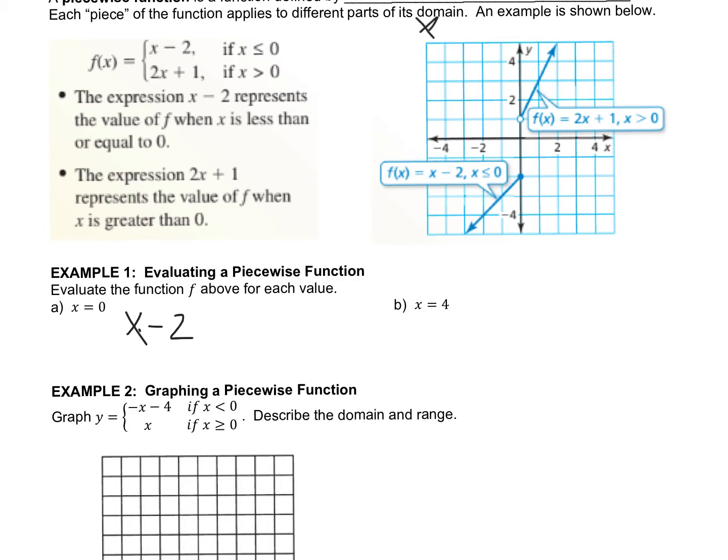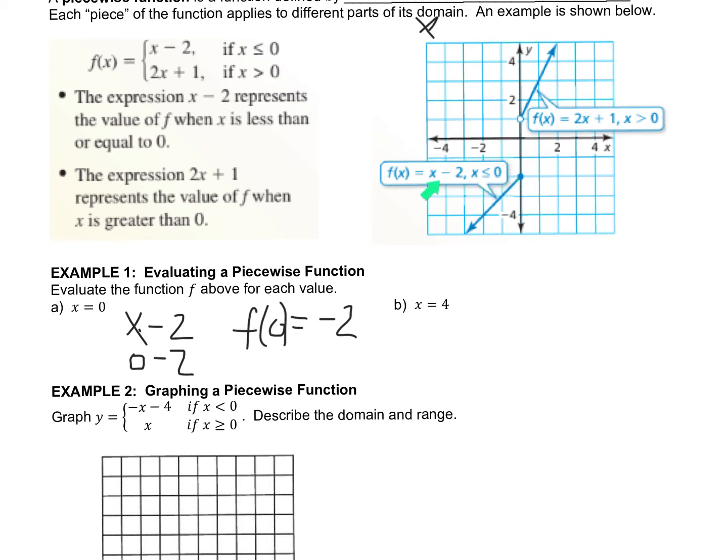So basically I'm replacing the x with 0. Remember the function notation would show that the function when x is 0 would be negative 2. And you can see that on the graph as well. If I look in here, when x is 0, there's your negative 2.